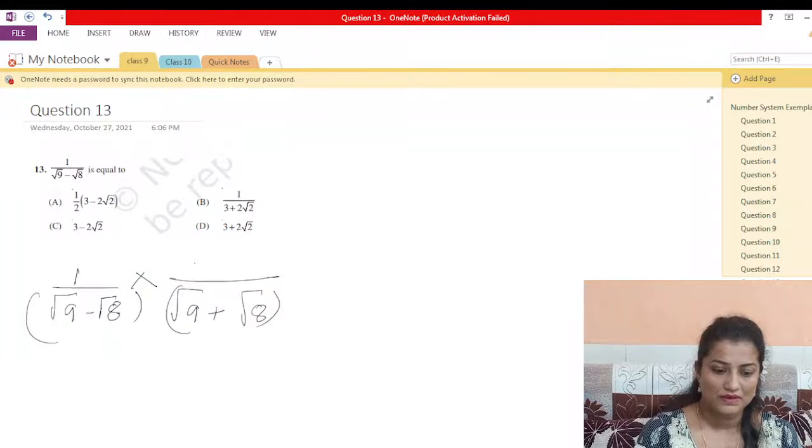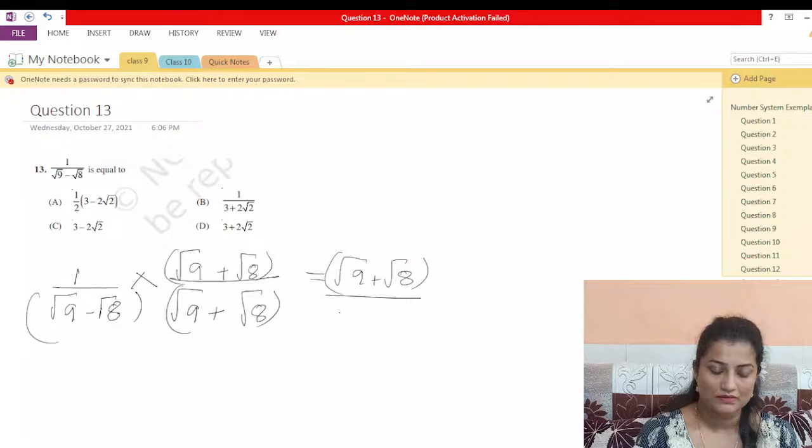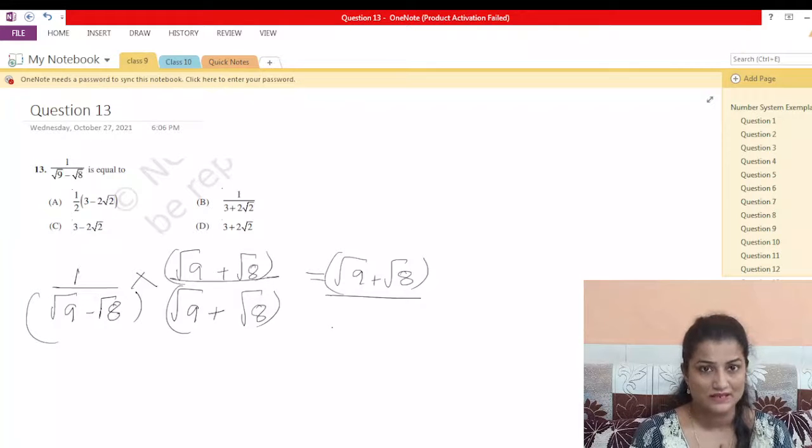So the same we will multiply in the numerator, root 9 plus root 8. Now while solving this, in the numerator we will get root 9 plus root 8, and in the denominator, by using the same identity as previous, a minus b into a plus b, that is a square minus b square.